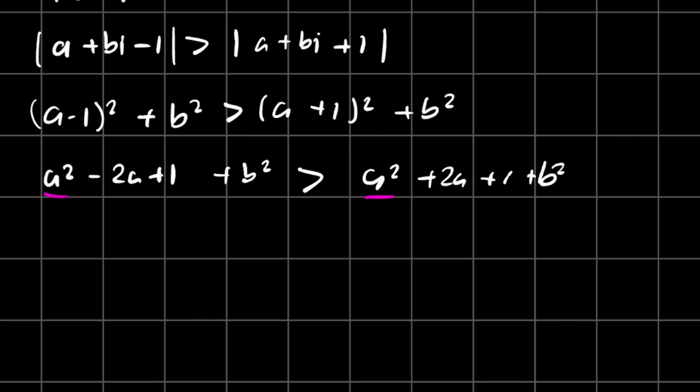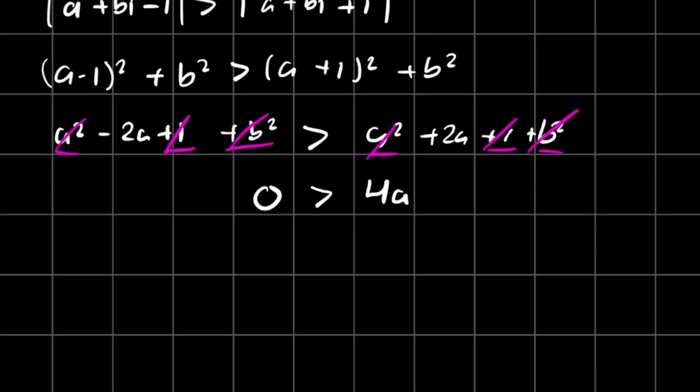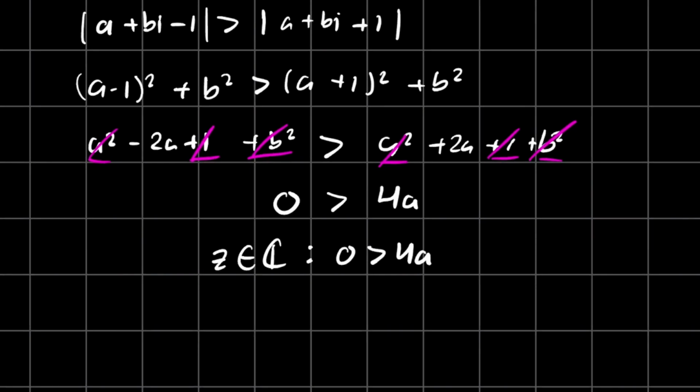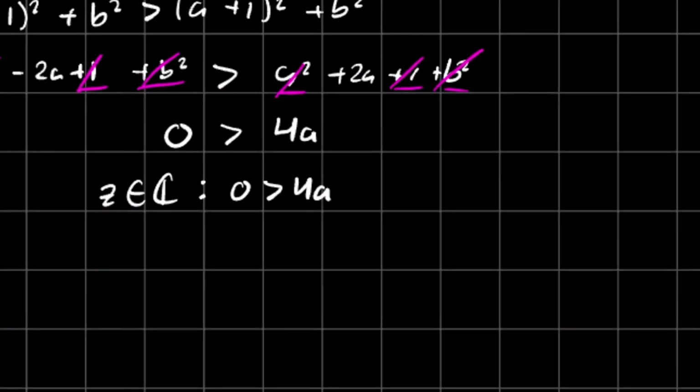These ones are the same, so they cancel themselves out, and these, and these. The minus 2a and plus 2a go with each other, so we get minus 4a is less than 0.